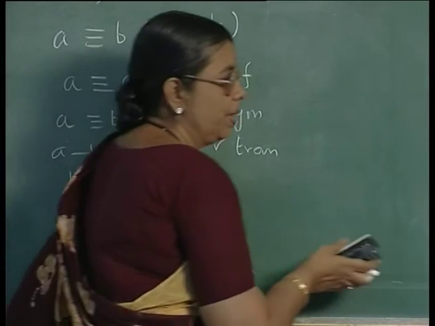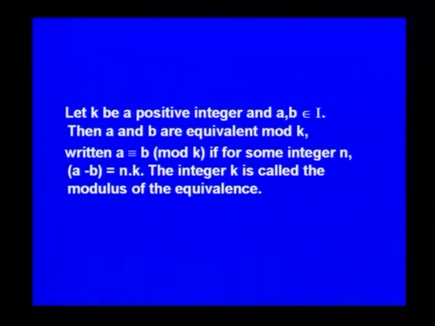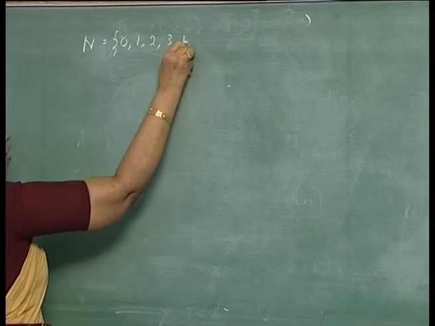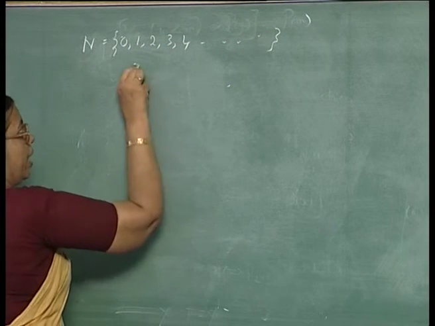Now, let us take k to be 3 and see what happens, and take the set of non-negative integers. Take the underlying set as the set of non-negative integers 0, 1, 2, 3, 4 etc. and k to be 3.